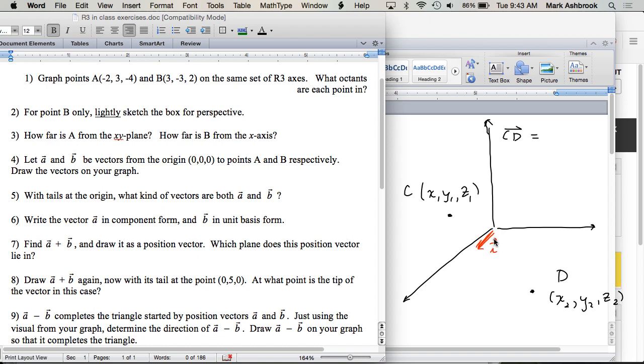What's the vector i in R3? 1, 0, 0. What's the vector j? 0, 1, 0. And then in the z direction, k is 0, 0, 1.